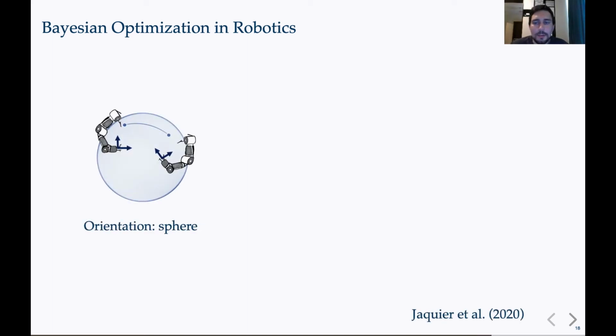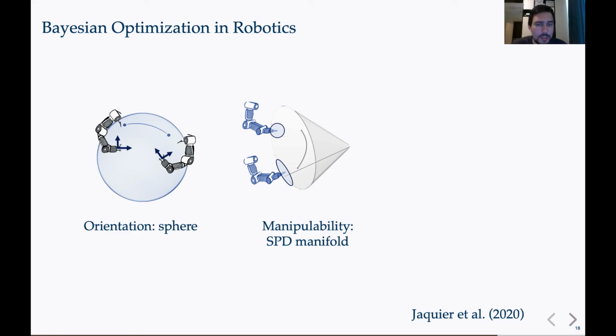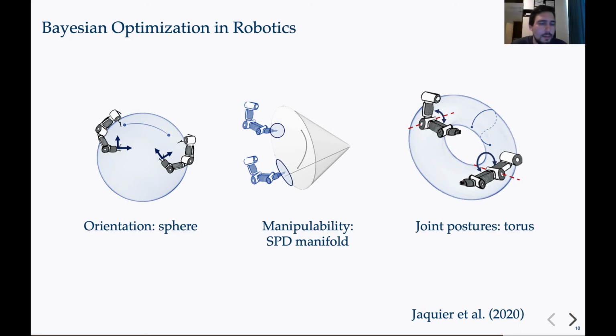The second example is that parameters like orientation, which is parameterized by a sphere, manipulability, parameterized by a positive definite matrix, and joint postures of some robot hand that may be parameterized by a high-dimensional torus, are all manifolds, and sometimes in robotics optimization problems over these spaces may arise.